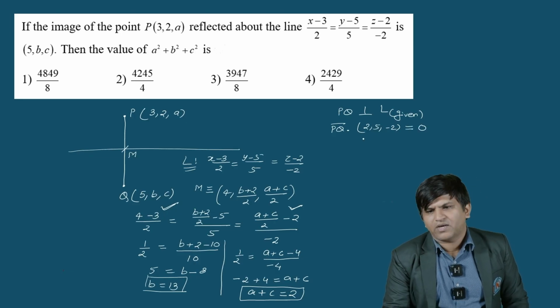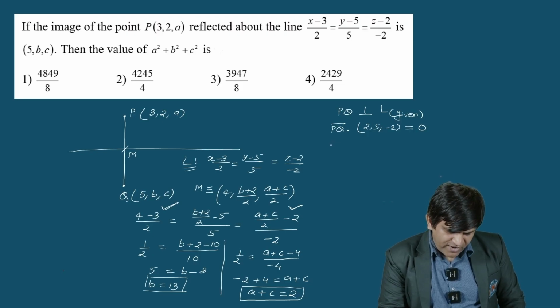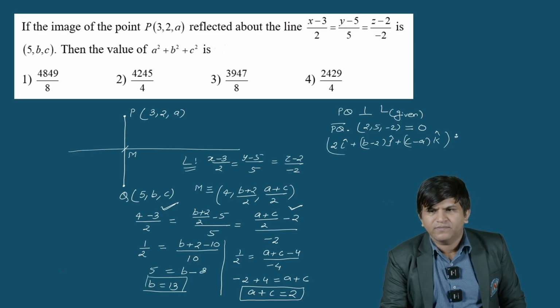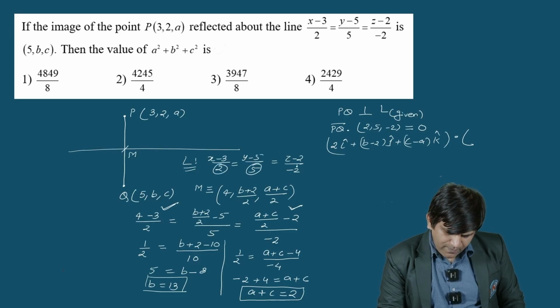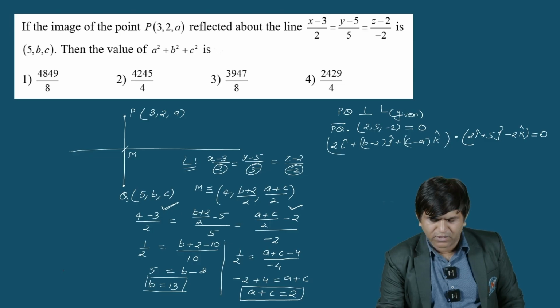From here we can find another relation between A and C. So PQ we can write as 5 minus 3 which is 2 i cap plus (B minus 2) j cap plus (C minus A) k cap, and its dot with line L, which has 2 i cap plus 5 j cap minus 2 k cap, equals 0, correct?